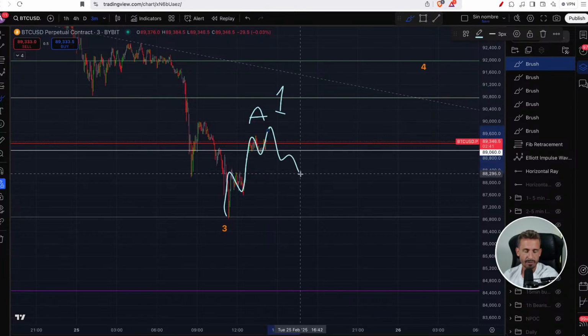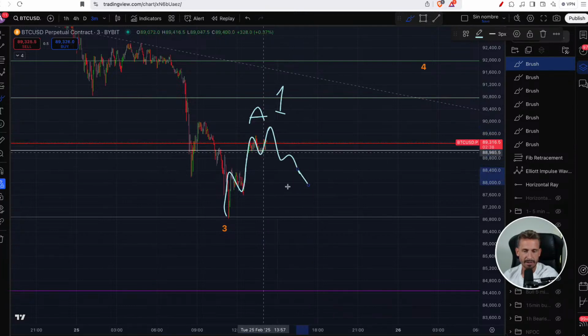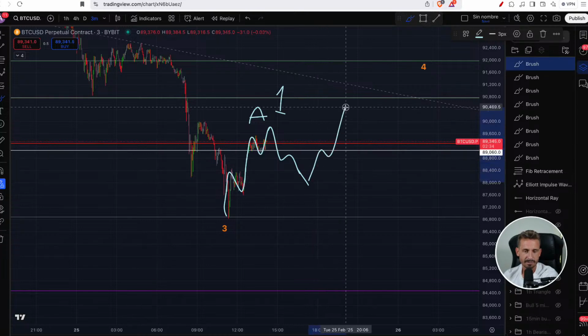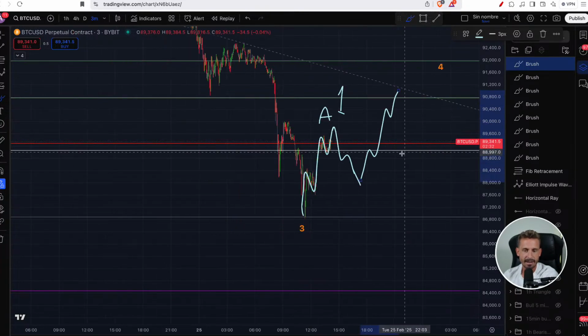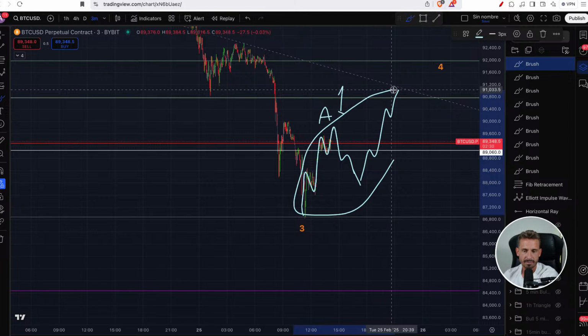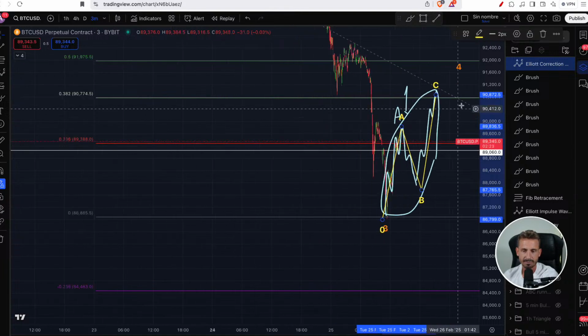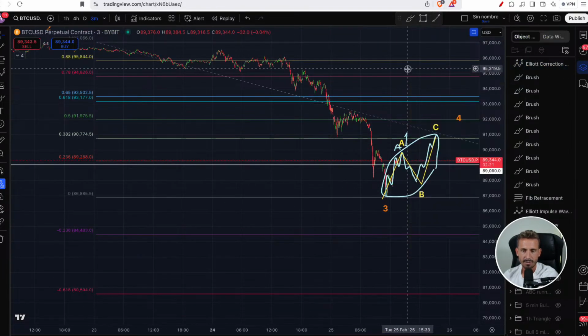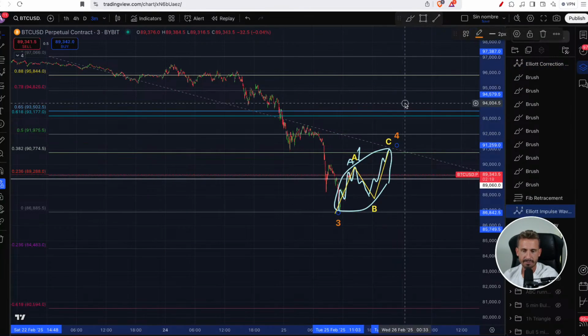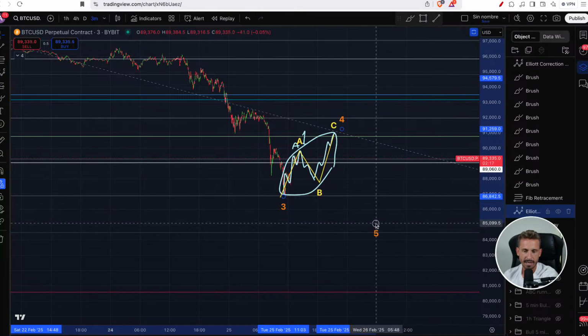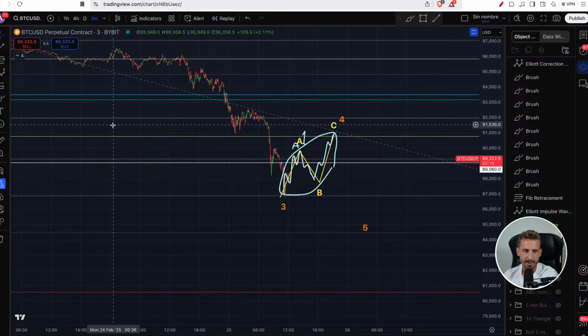The corrective move, I would be expecting a 3 waver. If we start moving like this in the next coming hours, I would have to consider that we might be on the ABC formation to complete that 4th wave, and we're going to roll over to claim the lows in a 5th wave.